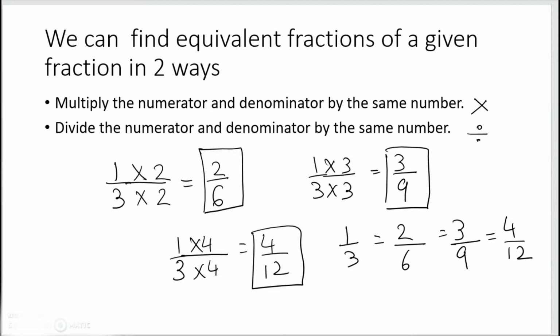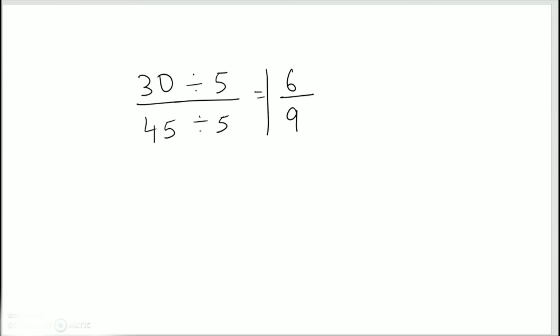Let's see. To find the equivalent fraction by division, let's take an example, say 30/45. Now let's say I divide this by 5 because both are divisible by 5. So 5 6s are 30 and 9 5s are 45. That means 6/9 is the equivalent fraction of 30/45. I can also take 30 divided by 3 and 45 divided by 3.